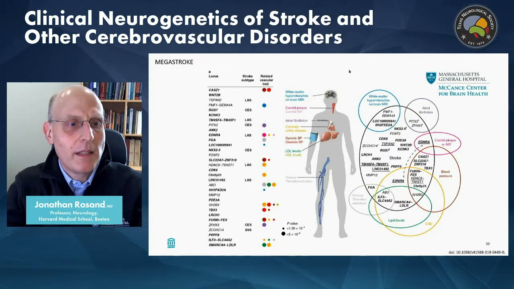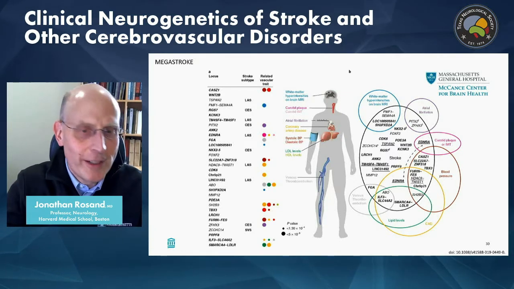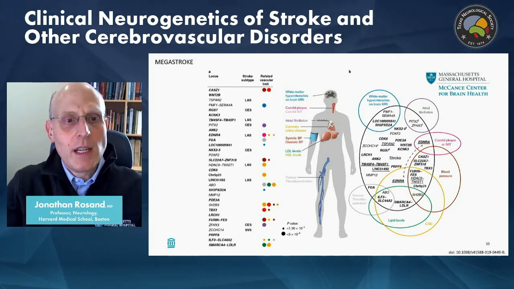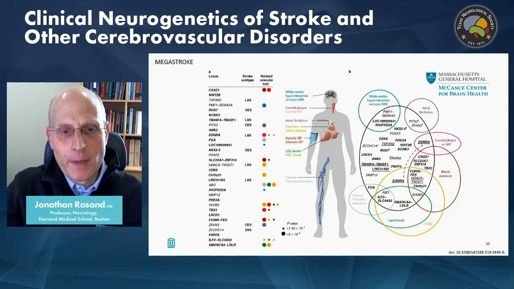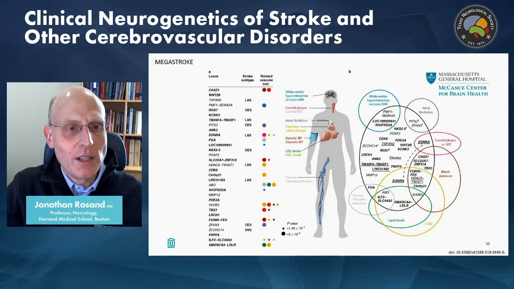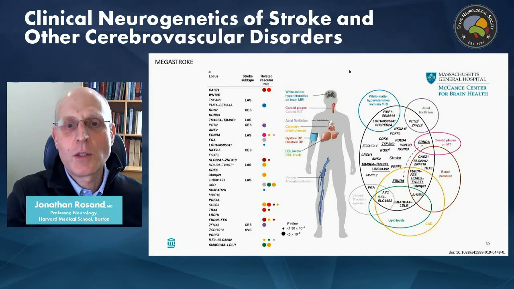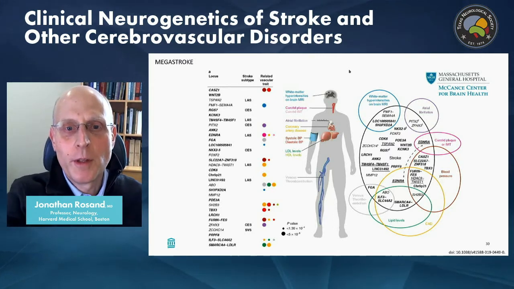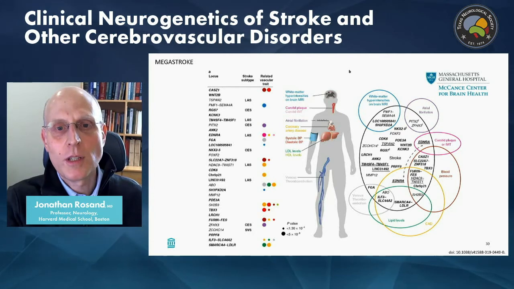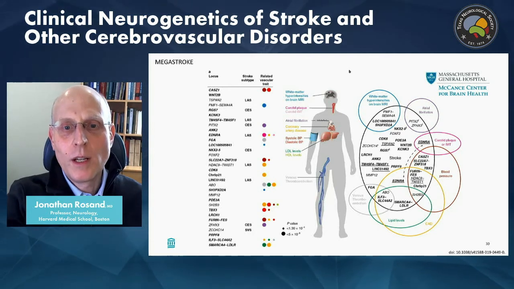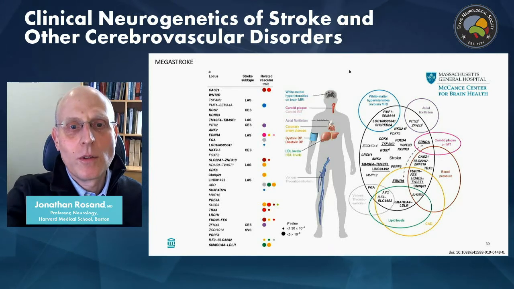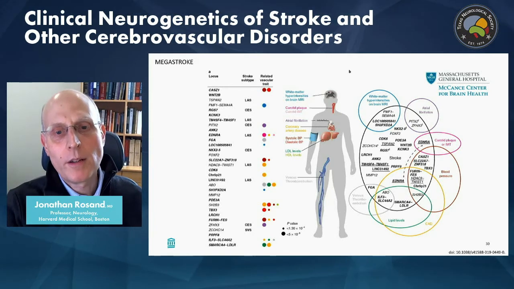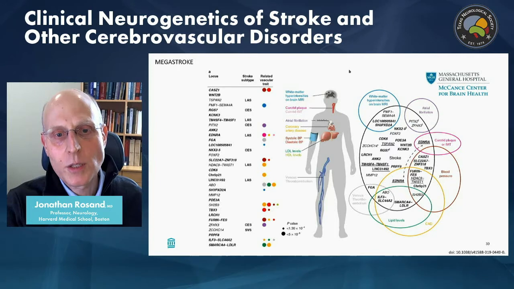I think the main lesson here, rather than going through each one, although some of them are very interesting, is that there was very striking overlap with other conditions. So loci associated with stroke, for example, there are 2 that are also associated with atrial fibrillation, 1 that was associated with carotid IMT, several that were associated with white matter hyperintensities, blood pressure, and so on.